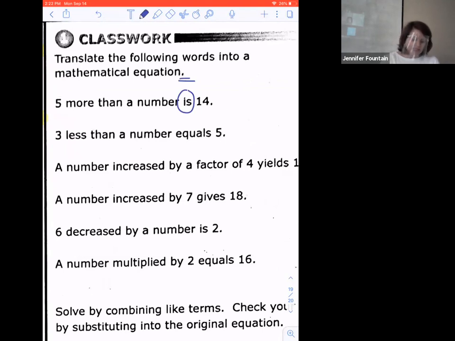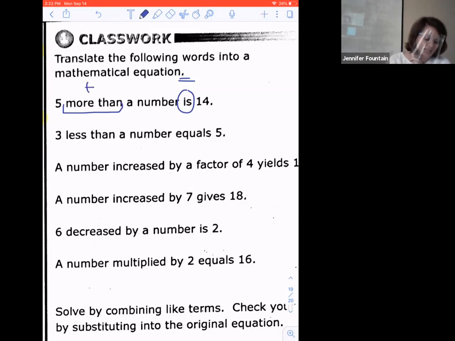Now, everything on the left-hand side will go in my problem on the left of the equal sign, and everything on the right-hand side will go on the right. So 5 more than a number. What is "more than" telling me to do? Addition.